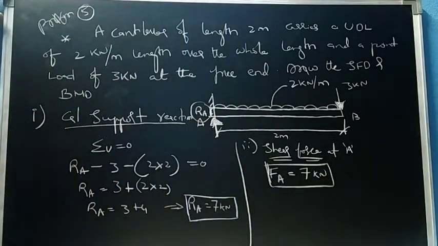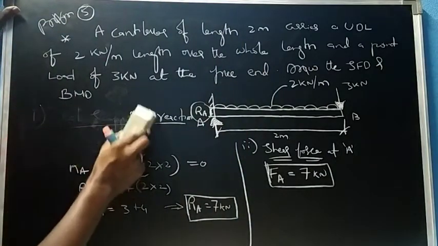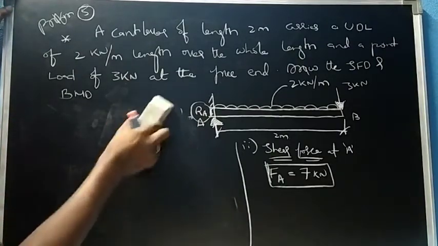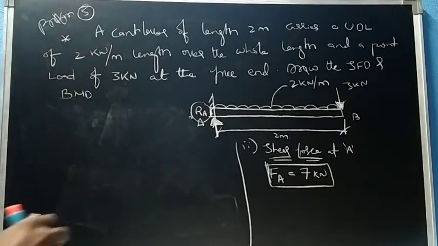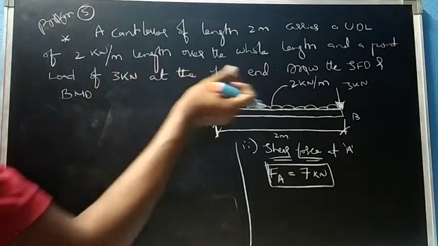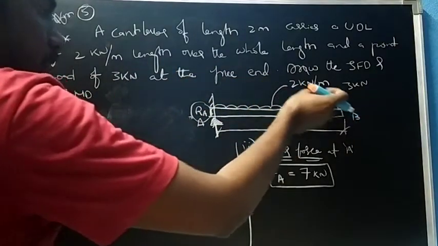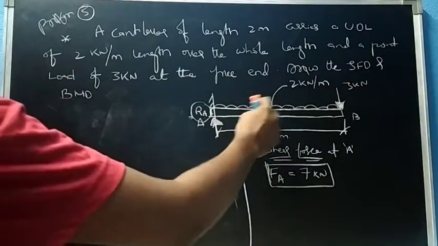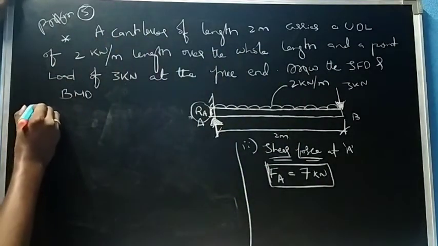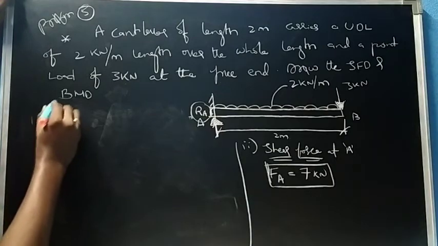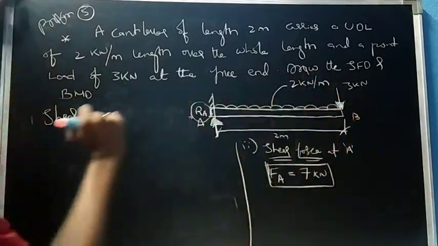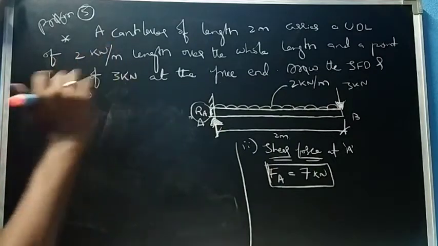Now we'll find the shear force at B. But before that, we need to find the shear force at B on its left and its right, because here is a UDL. So I will divide B into two parts, B1 and B2.